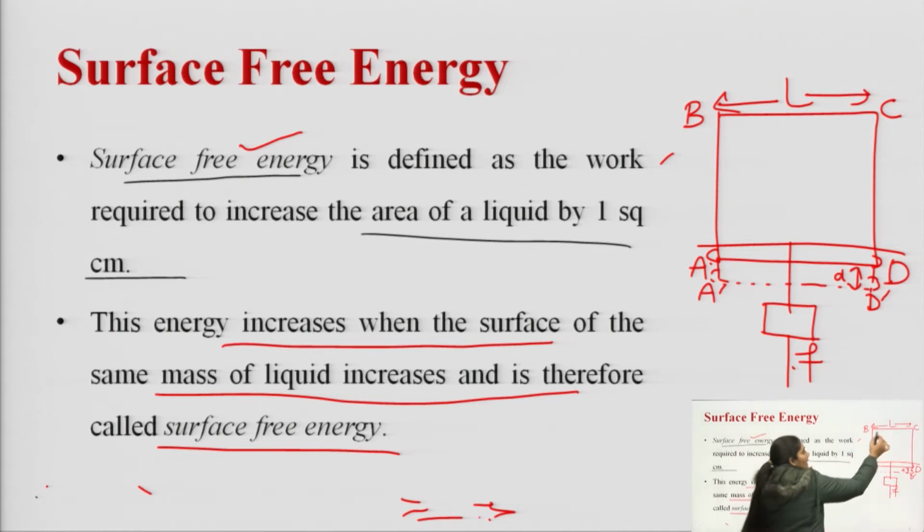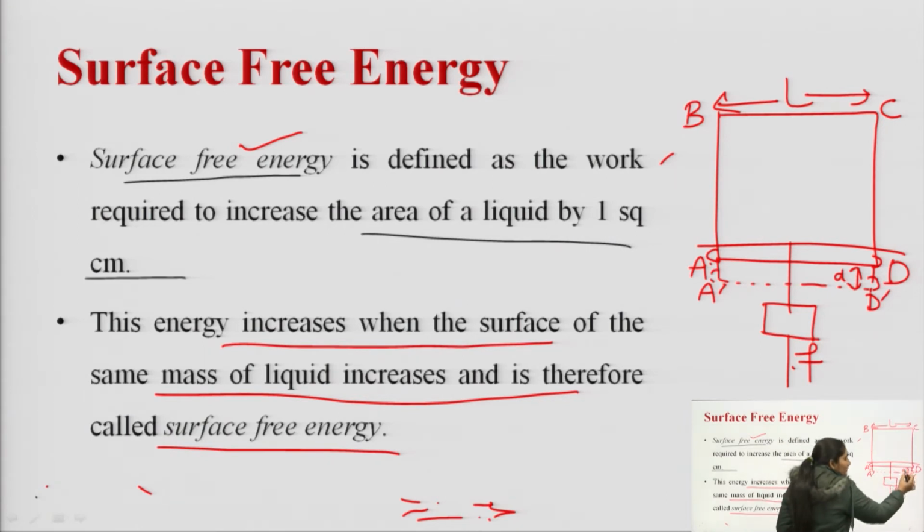Okay. We are considering a rectangular wire frame A, B, C, D, and when we place the soap film on this, the soap will form a film over this rectangular wire, and when we apply certain force, this film will be pulled inward, downward. Okay.